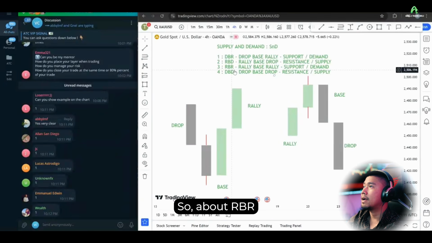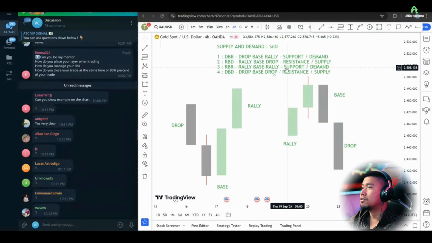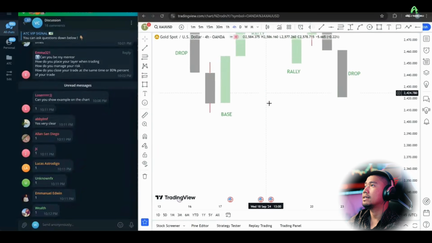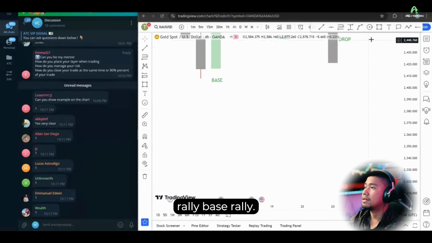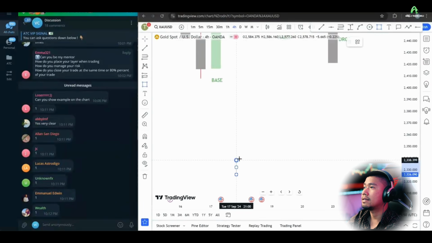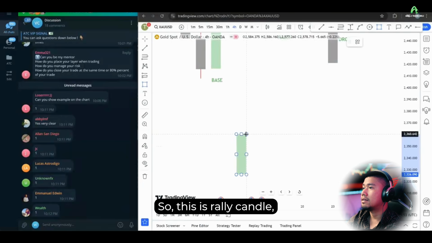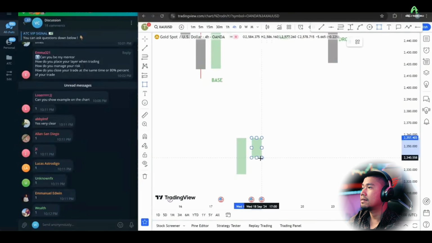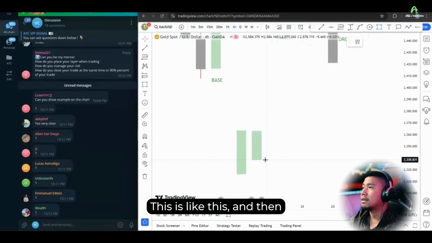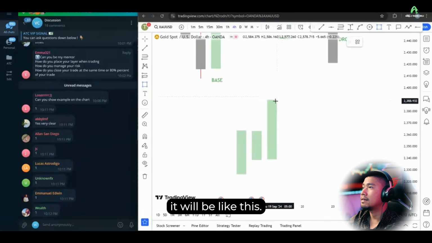So about RBR, rally base rally, also known as support or demand. Rally base rally will be like this. This is the rally candle, and this is the base candle, which is like this, and then it will be like this.